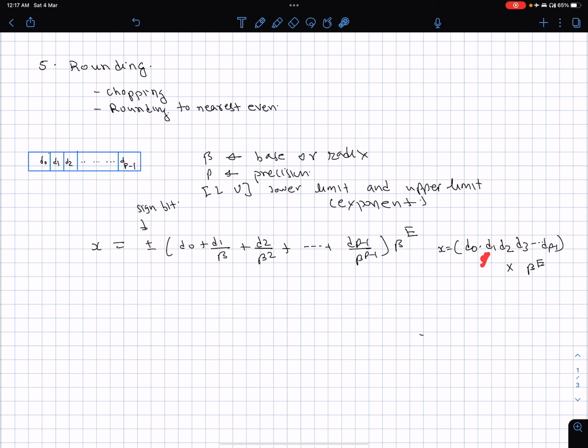The d1 comes after the decimal, so it comes with a weight 1 by beta. The second one after the decimal comes with a weight 1 by beta square. The last one comes with a weight of 1 by beta to the power p minus 1. And d0, d1 to d3 are digits.